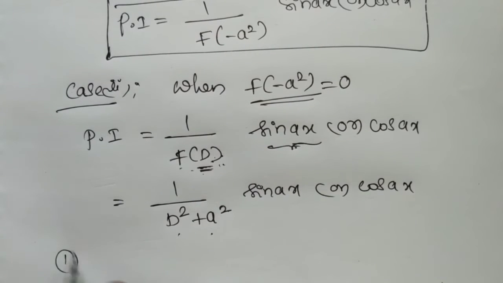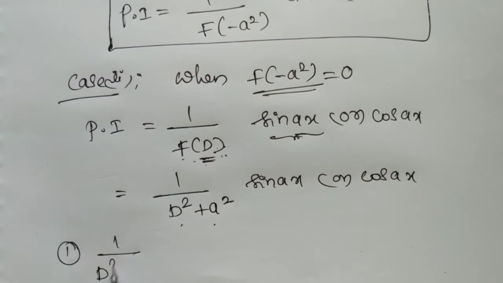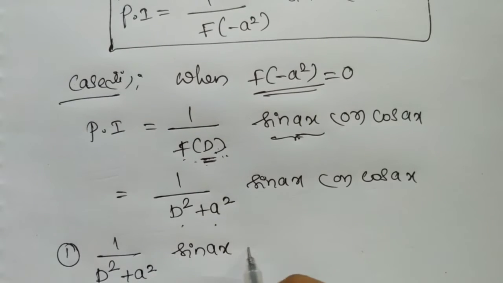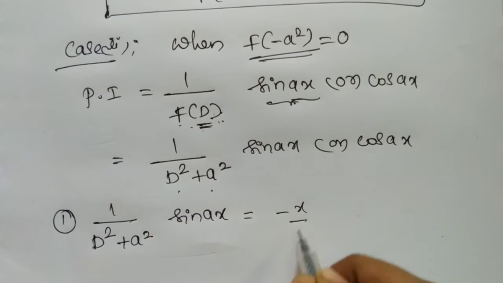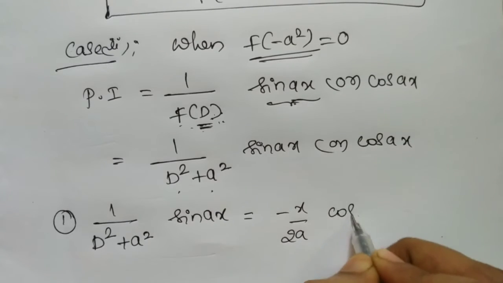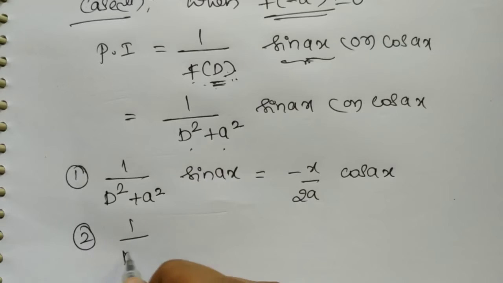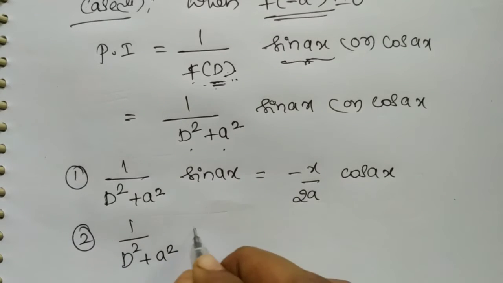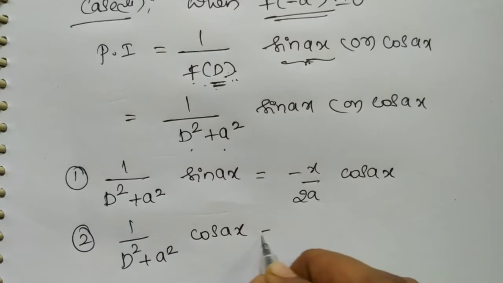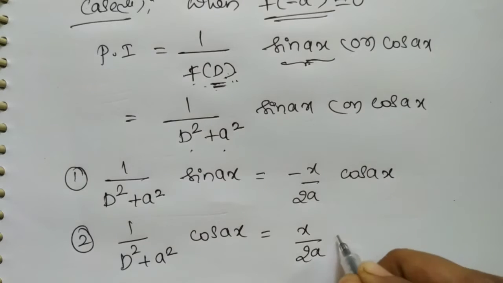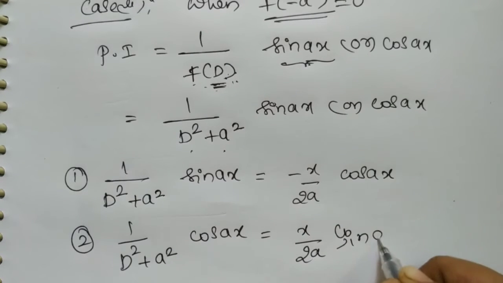Therefore 1 by D square plus a square sin ax equals, by the formula, minus x by 2a cos ax. Next, 1 by D square plus a square into cos ax equals plus x by 2a sin ax.